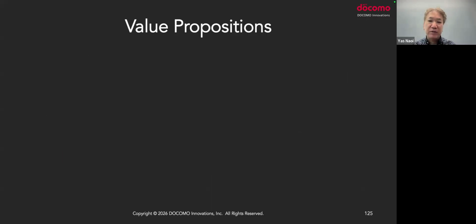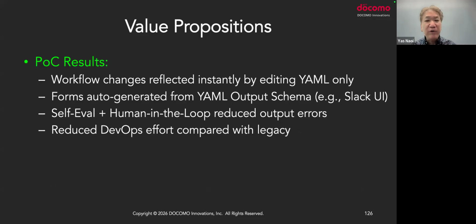Despite these risks, our POC already shows clear benefits. From our proof of concept, we saw 4 main benefits. Workflow changes are reflected instantly by editing YAML. Another important benefit is that the user interface can be auto-generated directly from YAML.